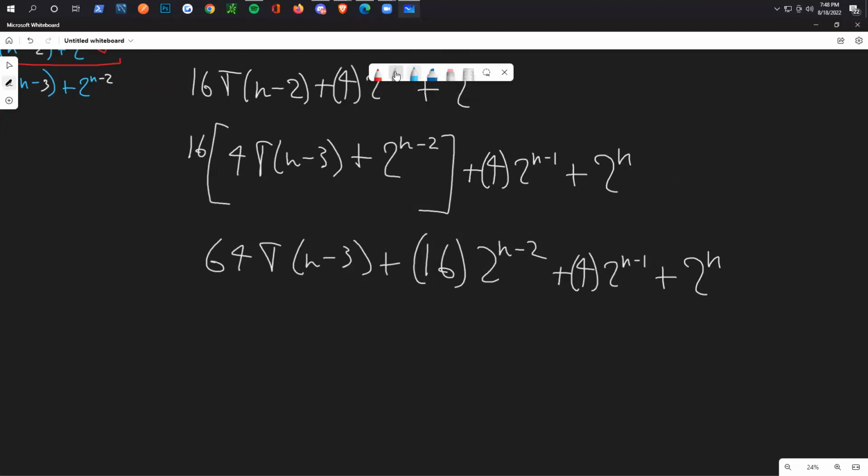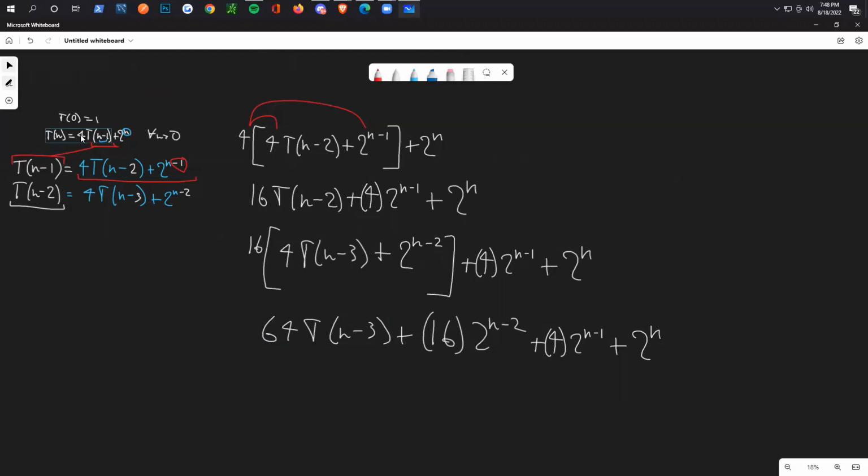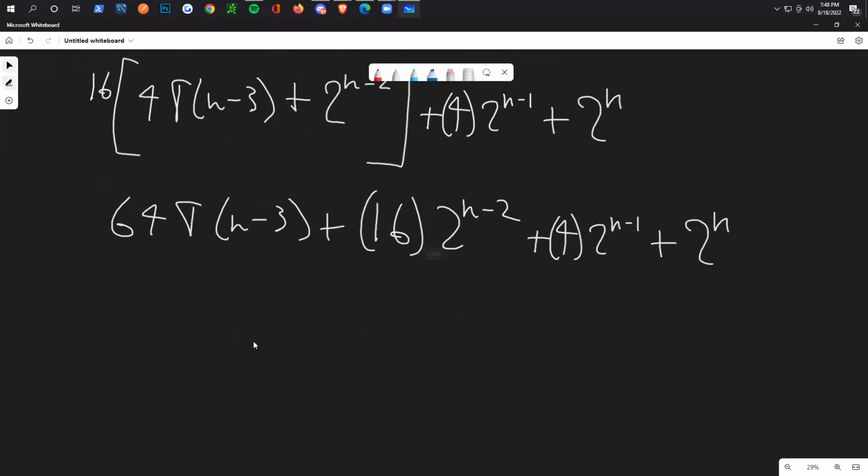So notice how we've done the iteration. So we did one iteration, now we've done the second one, or actually we've done the third iteration. So now from this point is where we're going to try to get something called the general form. So the general form is the trend you're trying to see as you go through the recursive steps.